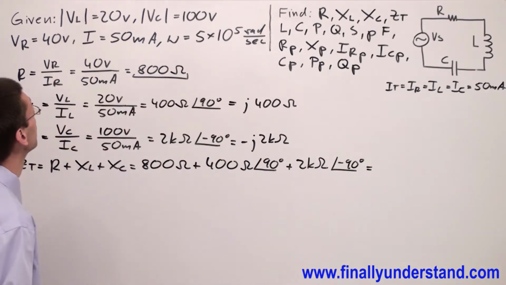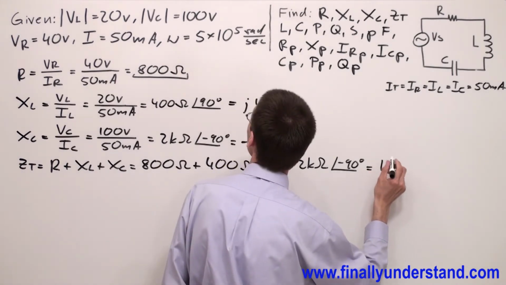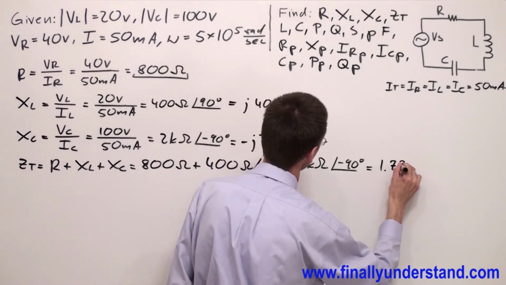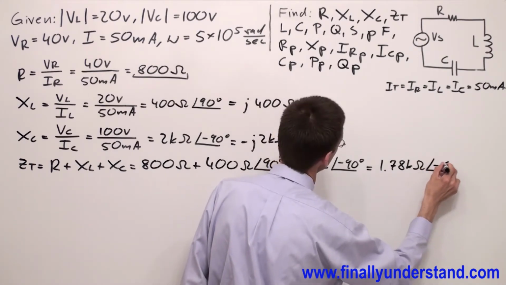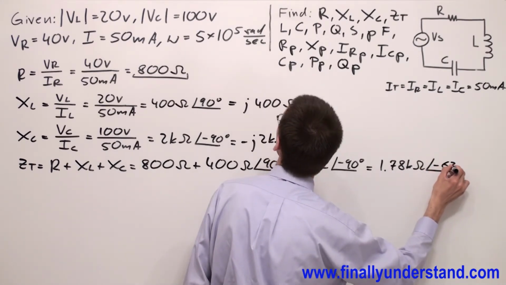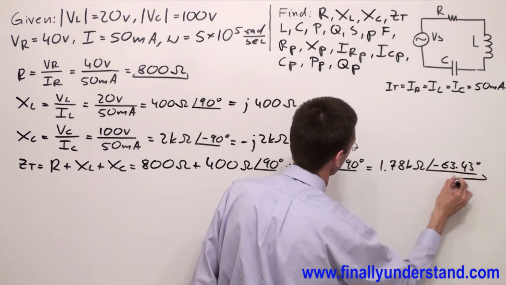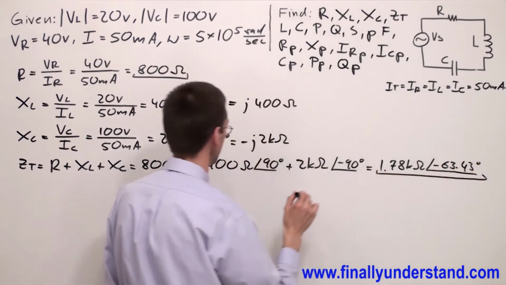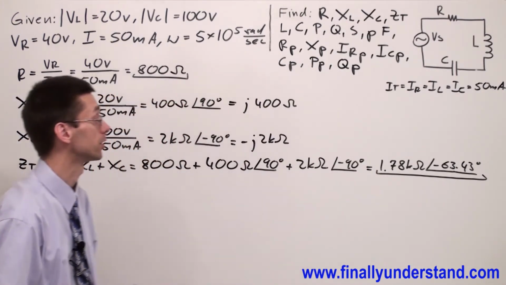This is equal to 1.78 kiloohms and angle of negative 63.43 degrees. So this is the total impedance of my series circuit.